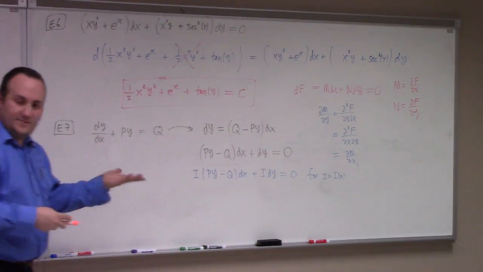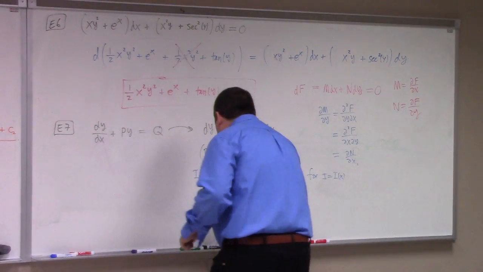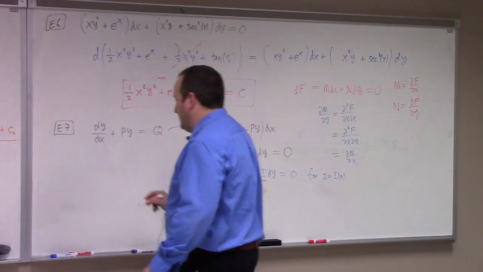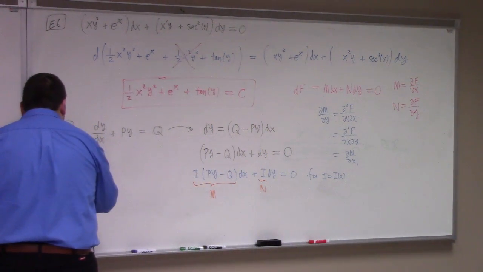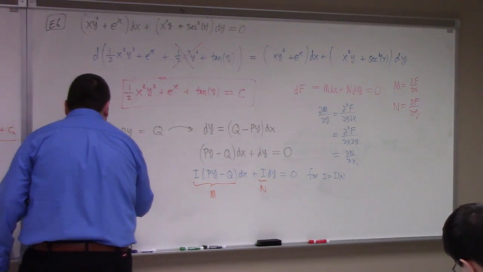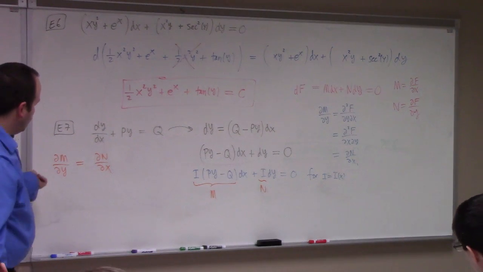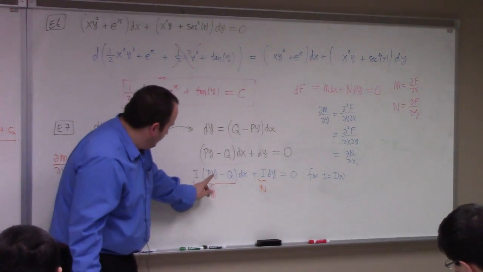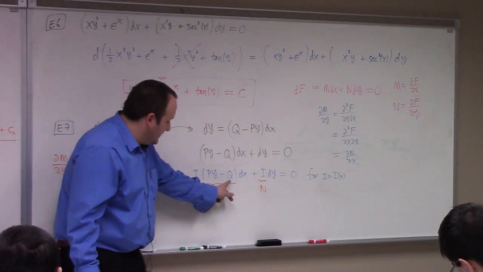And then if I want this to be exact, what condition do I need on I? This is my M. This is my N. I need partial M, partial y equals partial N, partial x, right? So can you take the derivative of this with respect to y? I is a function of x, p is a function of x, q is a function of x.